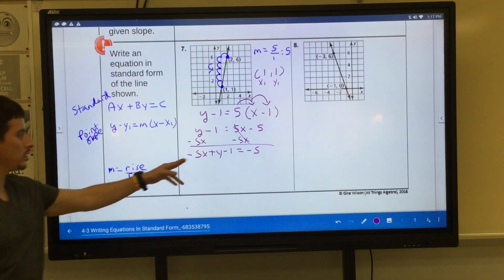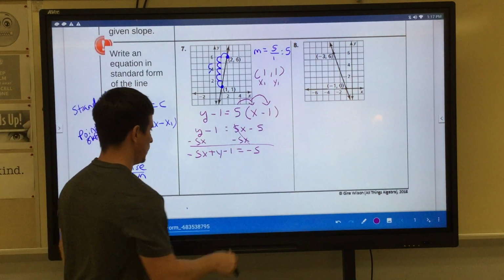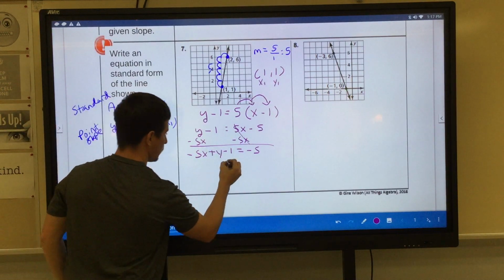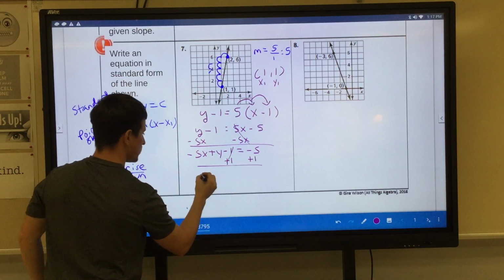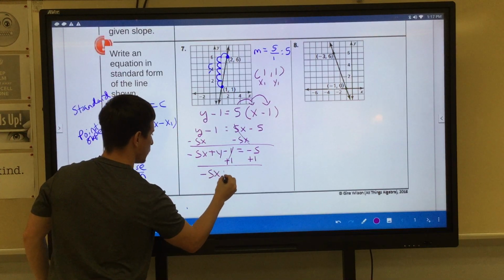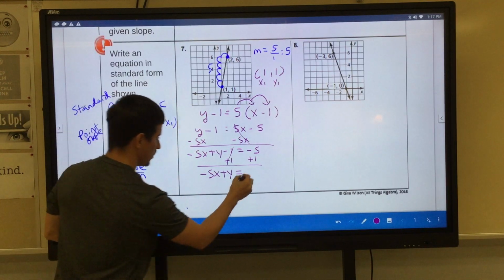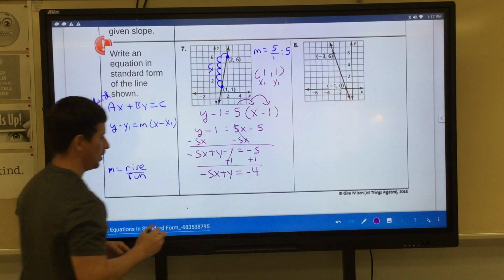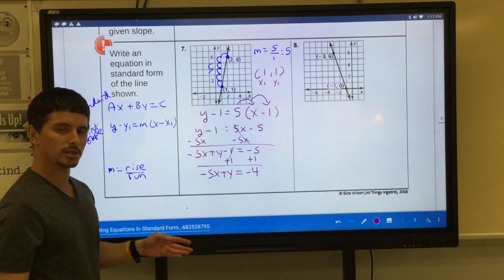We must get the constants, which is the numbers without the letter, over to the right side. The inverse operation of a negative 1 is a positive 1. These cancel, so now we have negative 5x plus y is equal to negative 5 plus 1, which is a negative 4. And it looks like we are done because we have the x and the y on the same side.